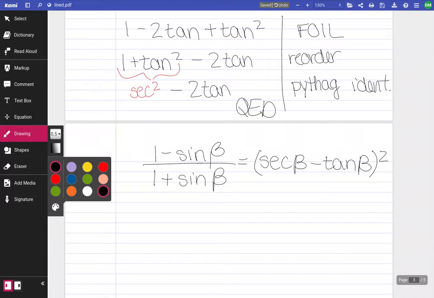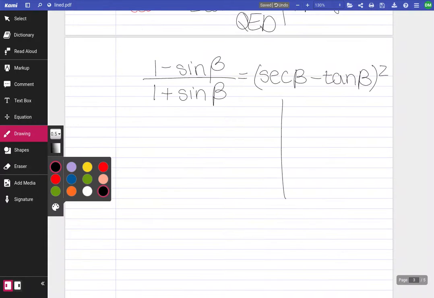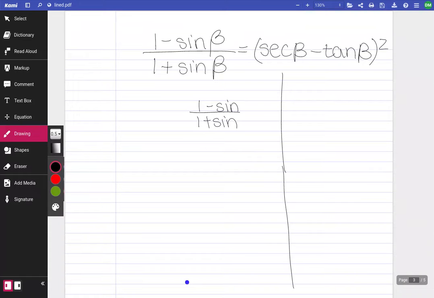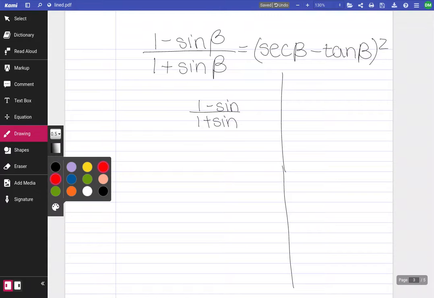So this one, my solving method is actually going to be using conjugates. We did conjugates back in unit 2. So I've got 1 minus sine over 1 plus sine. And the conjugate that I need is the opposite sign for the denominator. So it's going to be 1 minus sine times 1 minus sine.